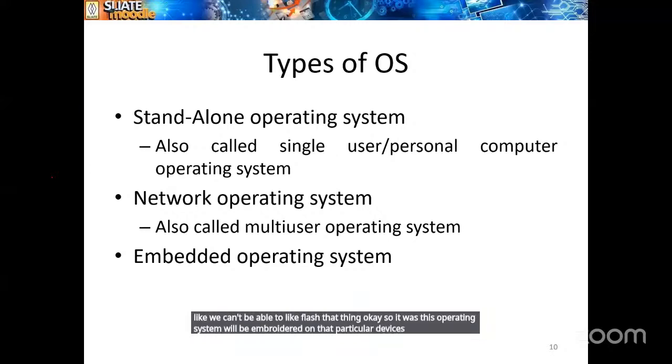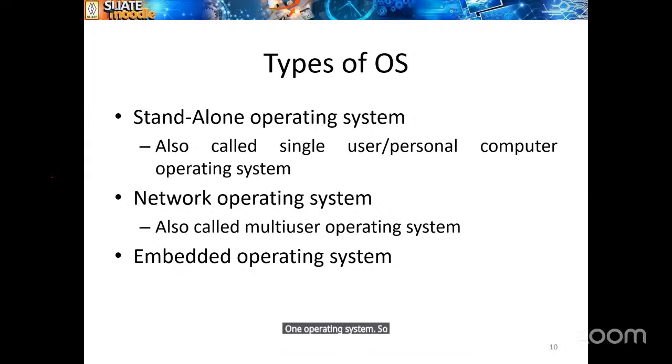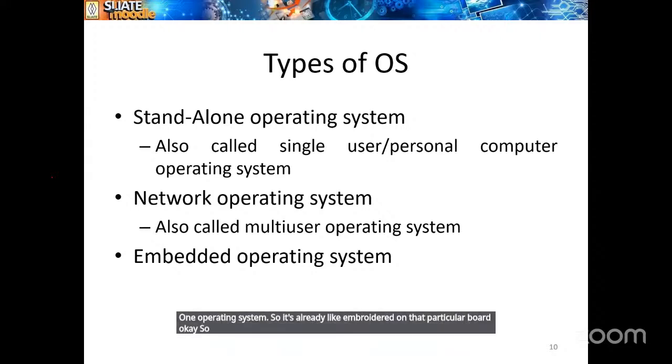For example, CCTV, DVR or NVR. On those things we can't put in an operating system, so it's already embedded on that particular board. Like a refrigerator, the microwave oven, the DVD player.